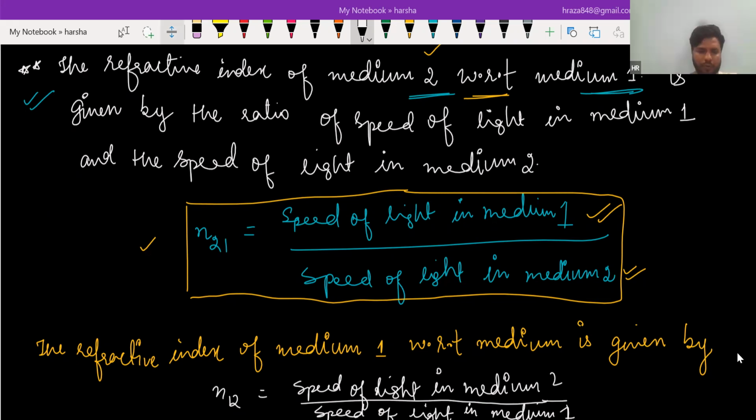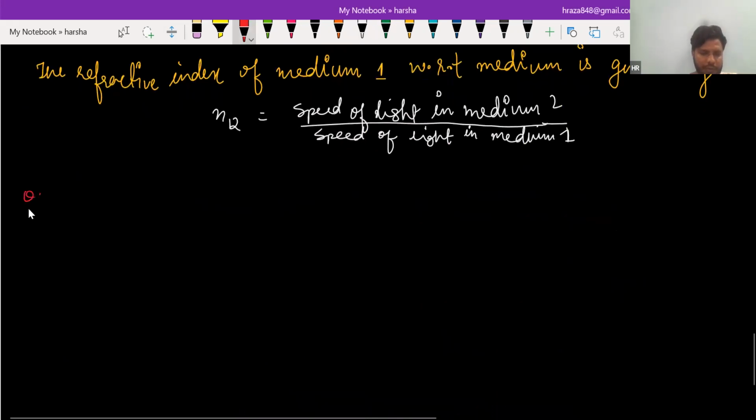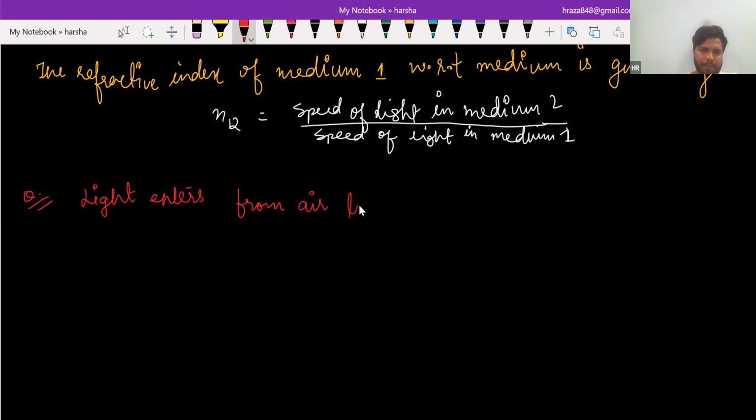Okay, I'm going to give you a question on this. The question is very easy. Light enters from air to glass, having a refractive index 1.50.